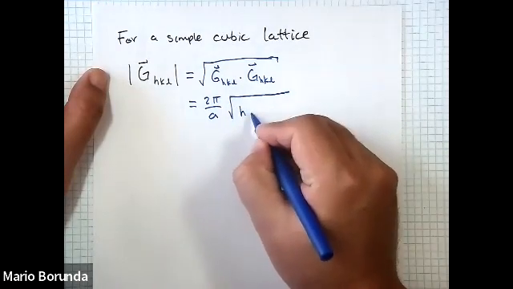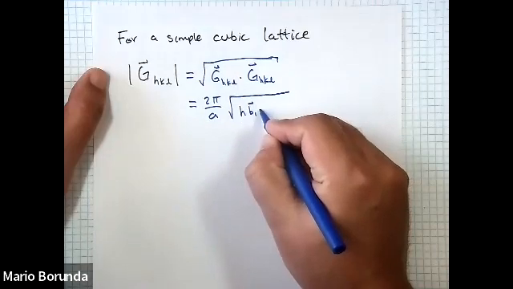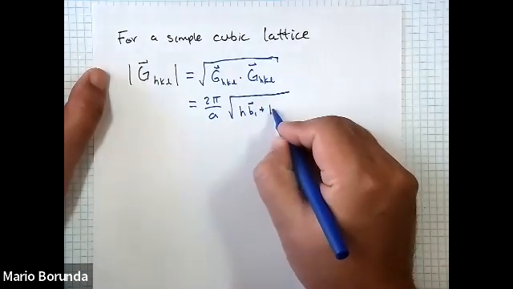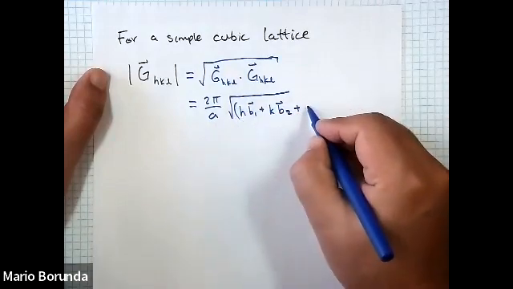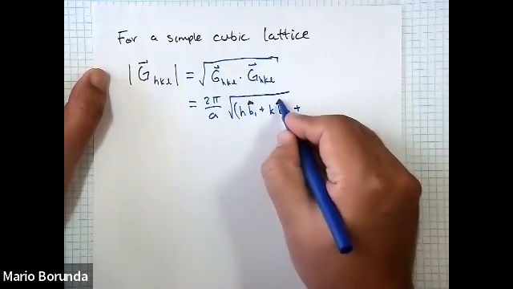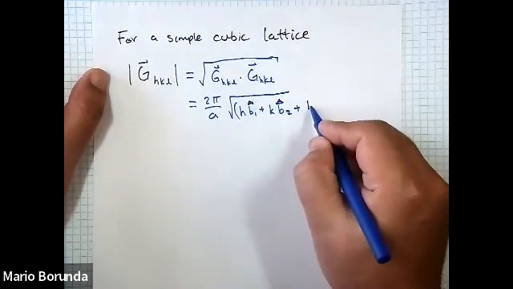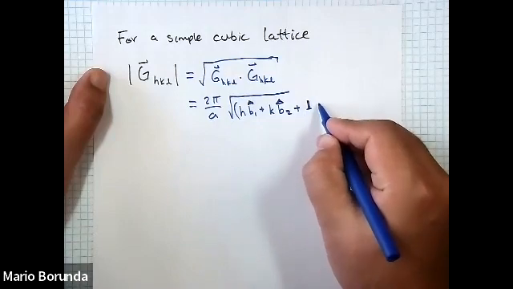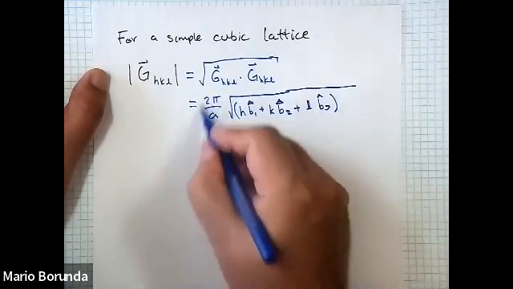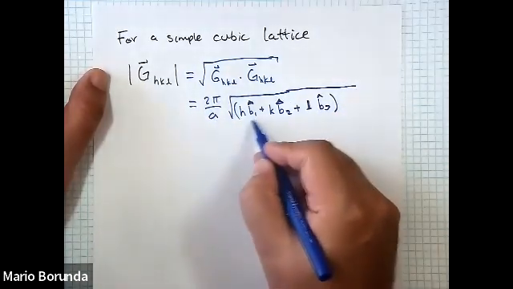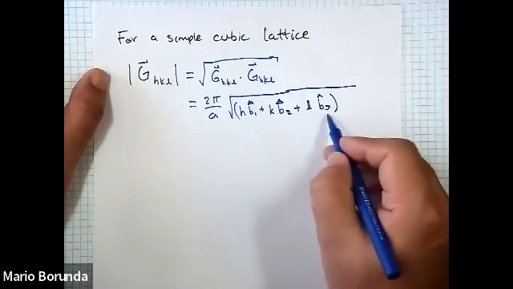So it's H B1 plus K B2 plus, no, sorry, B1 direction, B2 direction, L, B3 direction. This 2 pi over a takes the magnitude of this distance, right? All of them are the same.